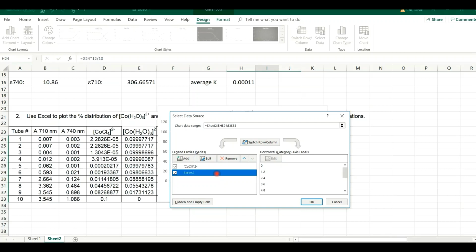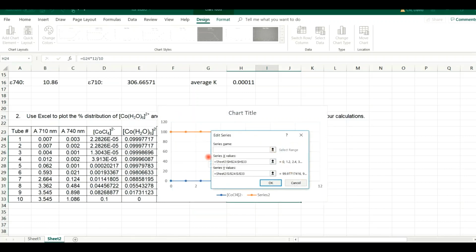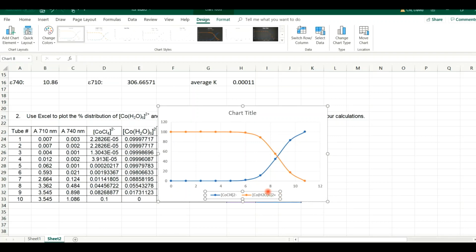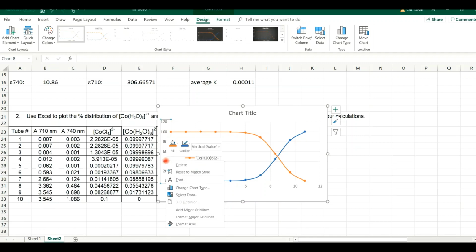And series 2 is the cobalt hexahydrate. All right, the range of this we can change a little bit.